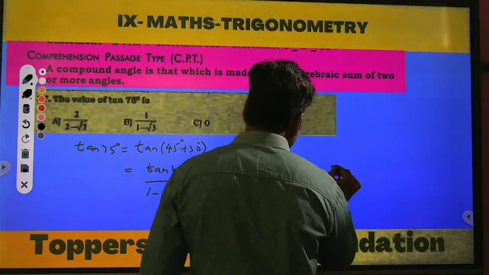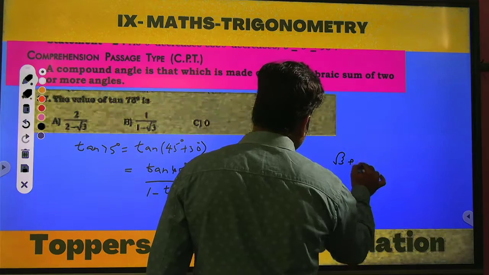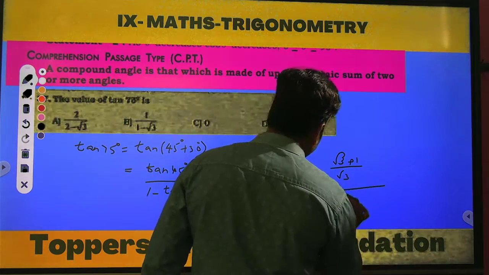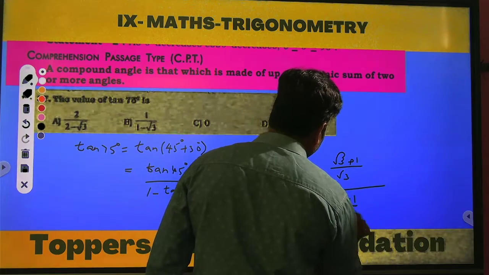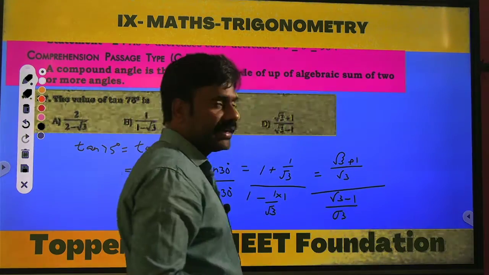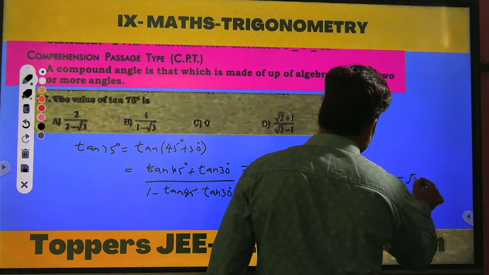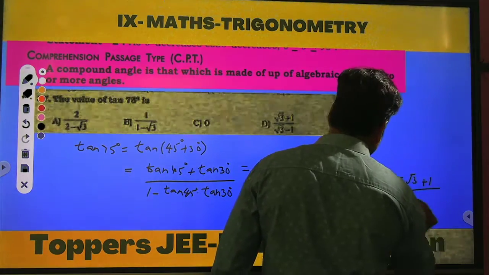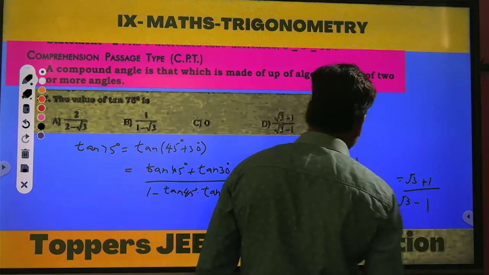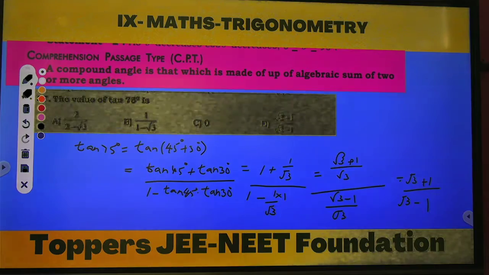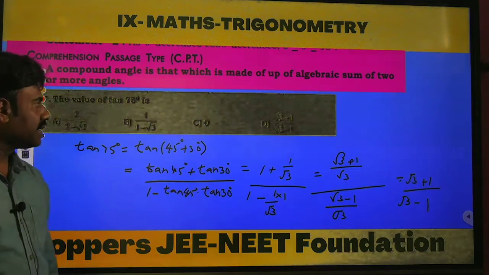Let us simplify it as root 3 plus 1 by root 3 by root 3 minus 1 by root 3. Now root 3 gets cancelled. Finally we will get root 3 plus 1 by root 3 minus 1. Option D is the correct answer.